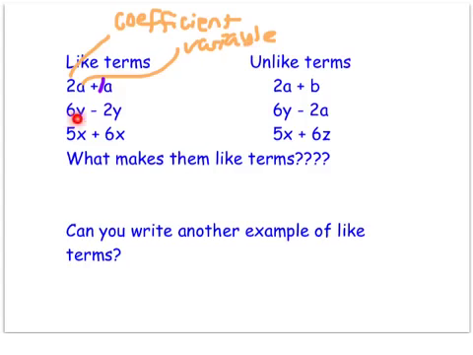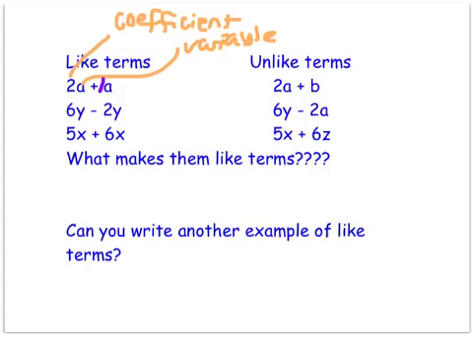Now let's look over here. We have 6y and 2y. Again, our coefficients, 6 and 2, are different, but it's okay because I have y and y, so it makes it a like term. Over here, 6y, 2a. Y and a. My variables are different. Y and a, unlike. Here we have 5x plus 6x, same variables, like terms.